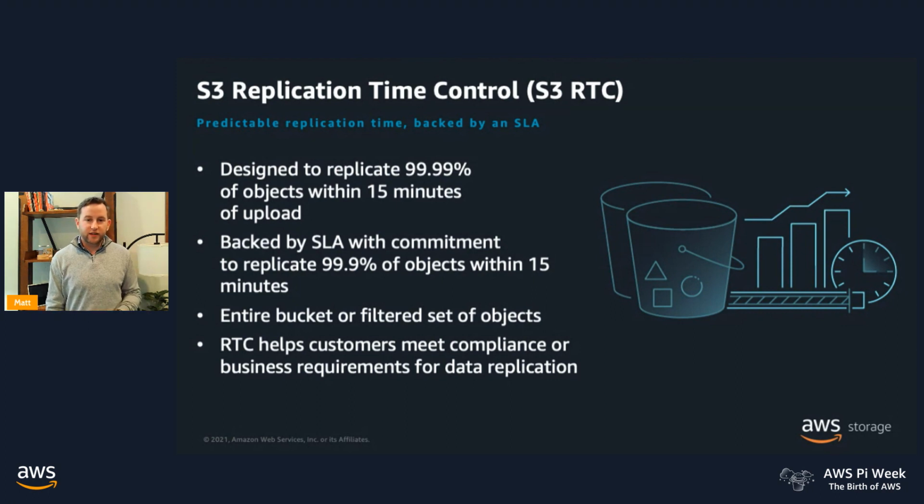S3 RTC is designed to replicate 99.99% of your objects within a 15-minute period, with replication typically, though, taking just a few seconds. You get an SLA commitment that says 99.9% of objects will be replicated to your destination bucket within that 15-minute time period. S3 RTC can be applied to the entire bucket or a subset of objects that you can filter by prefixes or specific object tags.